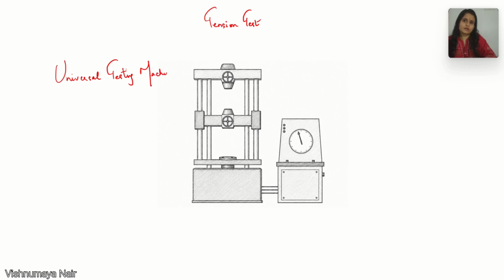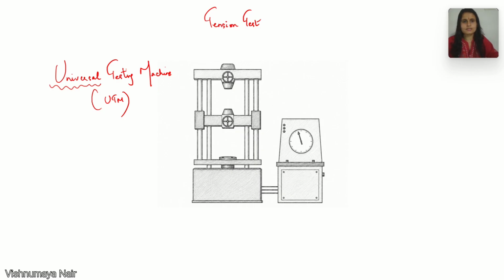Here I have shown a universal testing machine. This machine is known as a universal testing machine because this is not only used for conducting the tensile test, but also for conducting various other tests like compression tests, shear tests, etc. So we will be able to analyze various material properties under different types of loading.